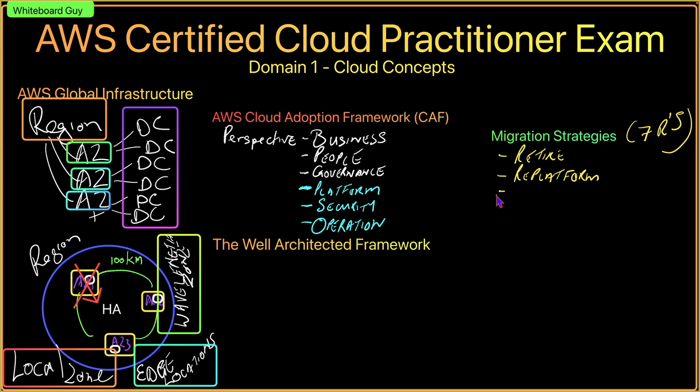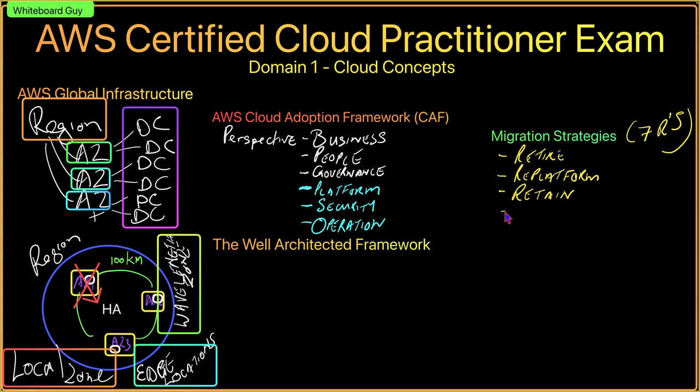There is the next one that we can look at, for instance, which is retain. Now, where we decide we want to retire it, there may be other areas as well where we could decide, listen, we need to retain this in our on-premises environment because the platform doesn't exist for us to move over to the cloud. Maybe it's an old mainframe system that you can't move to the cloud. So we will retain it in our on-premises environment.